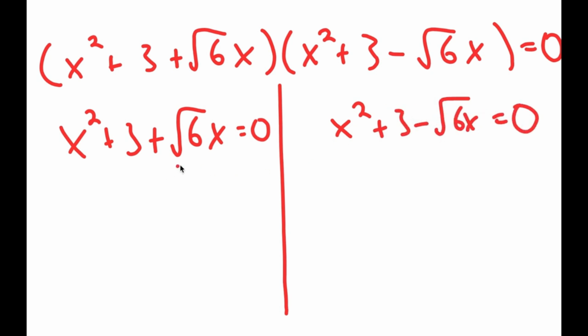So for both of these, because both of these are quadratic equations, you can use the quadratic formula to solve them. I'm actually not going to do that in the video, but you can try that yourself.